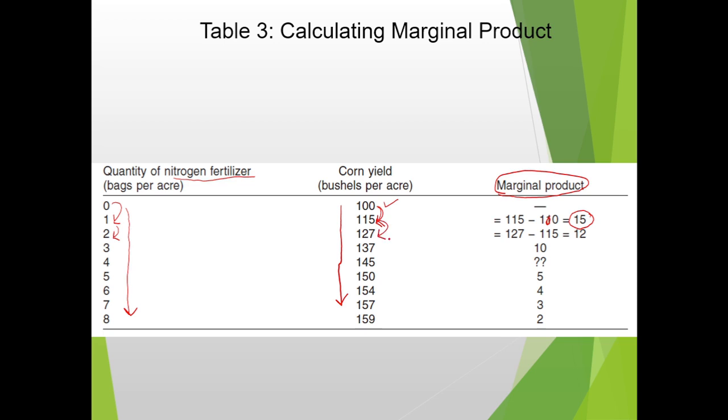What is the marginal product? 127 minus 115 is equal to 12, right? So I hope now you have a good grasp of what exactly is marginal product. Now we are going to look at how this marginal product behaves. That is very important to be understood.